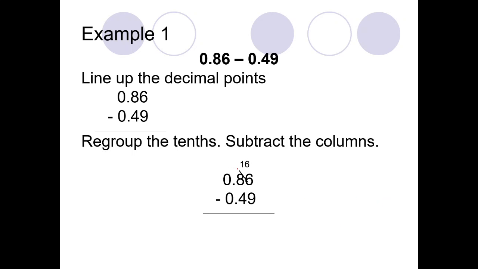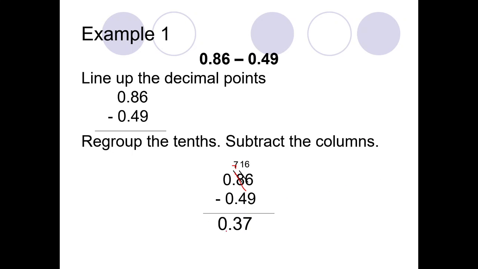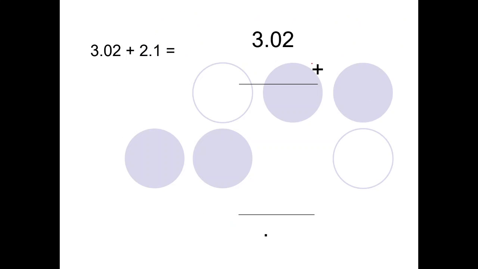So here, because we're doing 6 minus 9, we can't do that, so we cross out the 7, turn this into 16, and we put a 7 in. I doubled that up, that's fine. And then we just finish our subtraction, and we bring our 0 and our decimal point down.